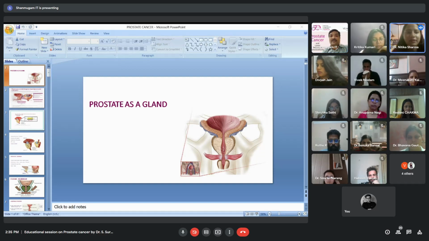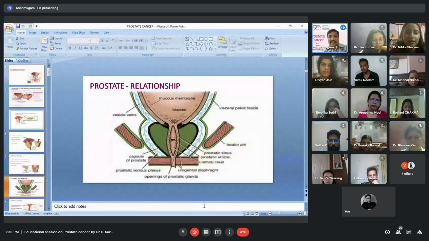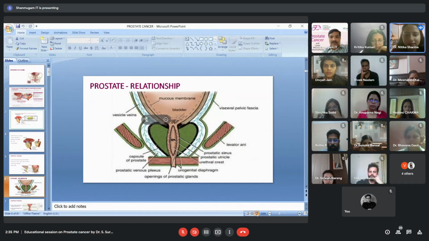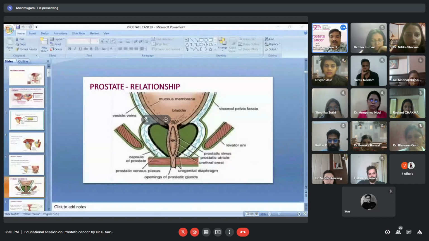Doctor, I think we need to change the slide as well. It's on the first slide only. I think the next slide you were talking about. Okay, you're not able to see it? Yeah, now we can see. Previously, we were not able to see. Now we can see the second slide. I will run the slideshow, but I think you are not able to see the slideshow.